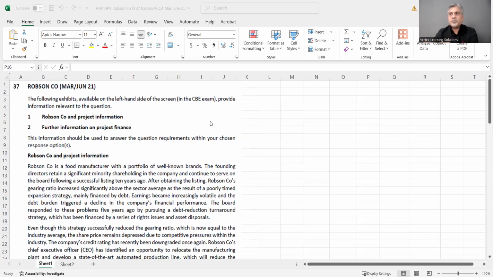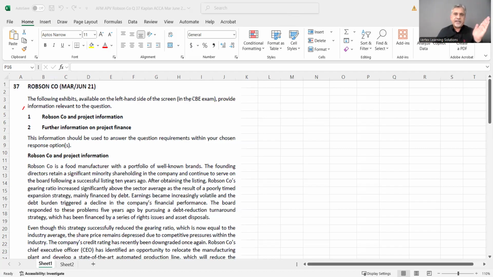Then before we go to the solution, we will do some discussion in between, which would be very interesting, and then we will continue reading and solving the question. So I'll just read the question so that we have some background to build up our discussion. It says that the following exhibits are available on the left-hand side of the screen in the CBE exam.